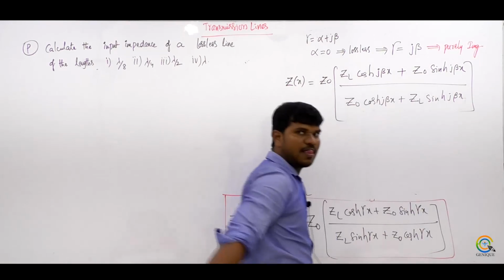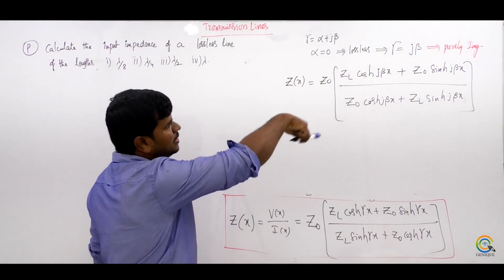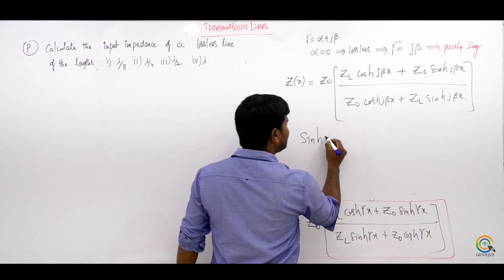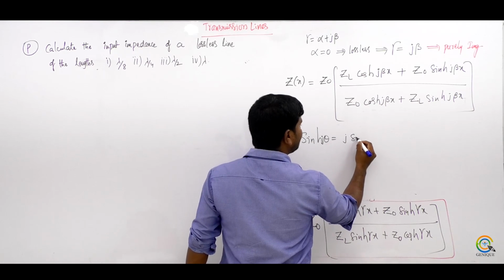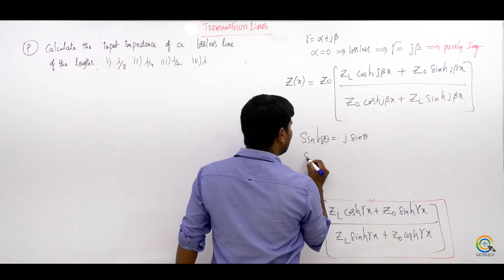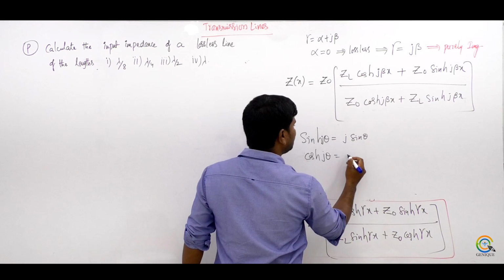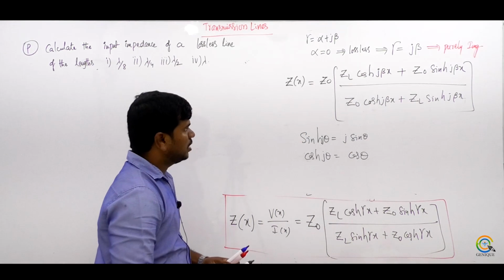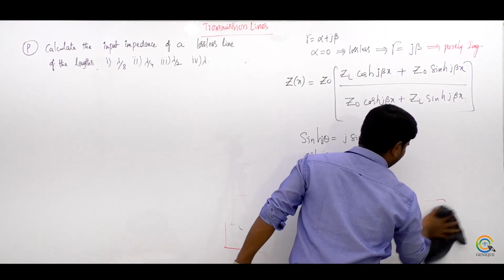I am finding Z in. This is for a lossless line. You should know that sin h j theta is equal to j sin theta, and cos h j theta is equal to cos theta.